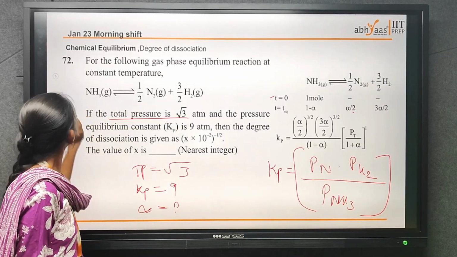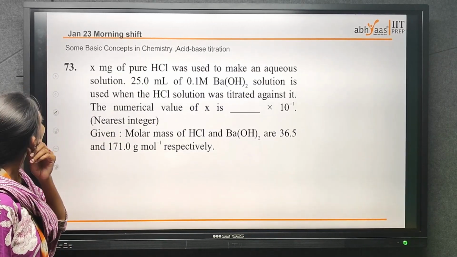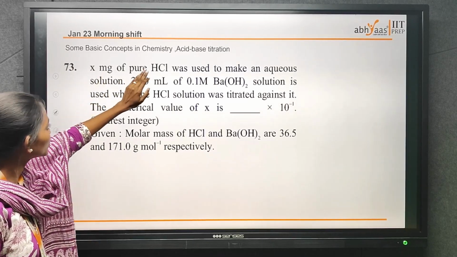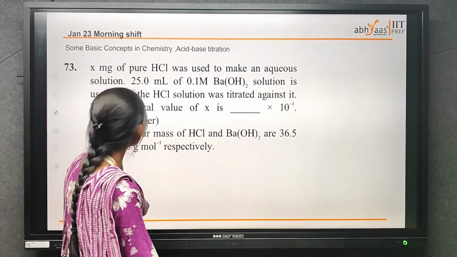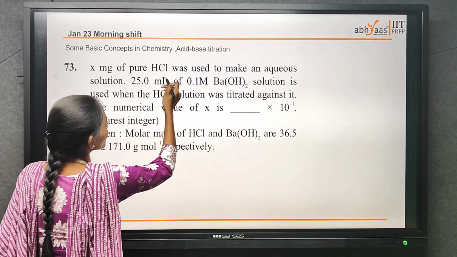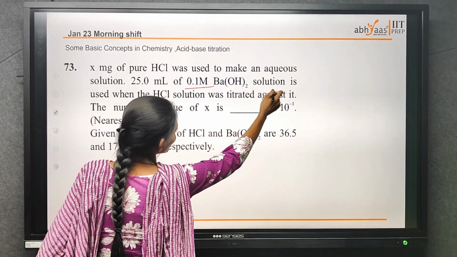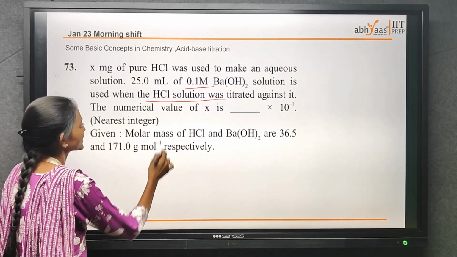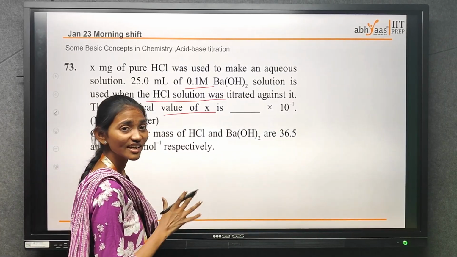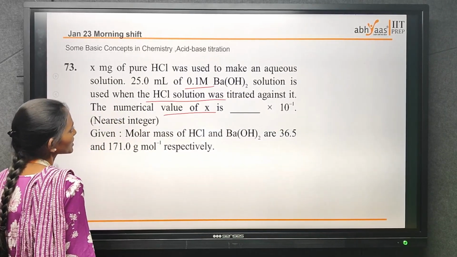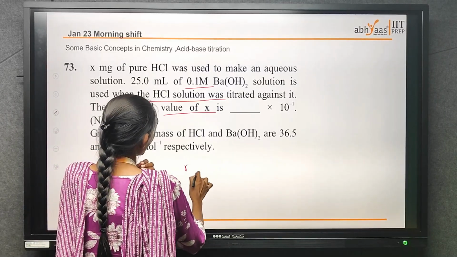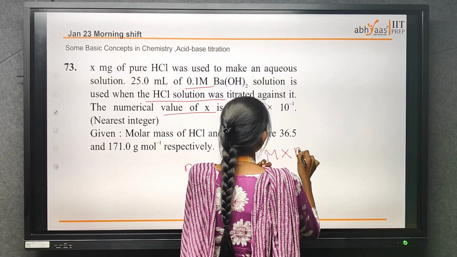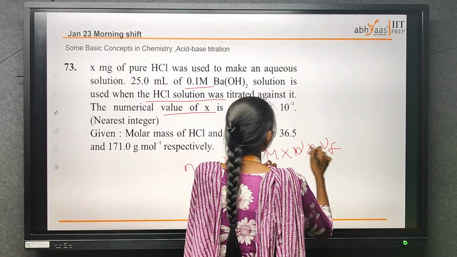Okay. Moving on to the next question. This question is from basic concepts in chemistry. X milligrams of pure HCl was used to make an aqueous solution, and 25.0 ml of 0.1 M barium hydroxide solution is used when the HCl solution was titrated. They are asking for the numerical value. I am using here the chemical law of equivalence. So the chemical law of equivalence means N into V into n-factor, right?